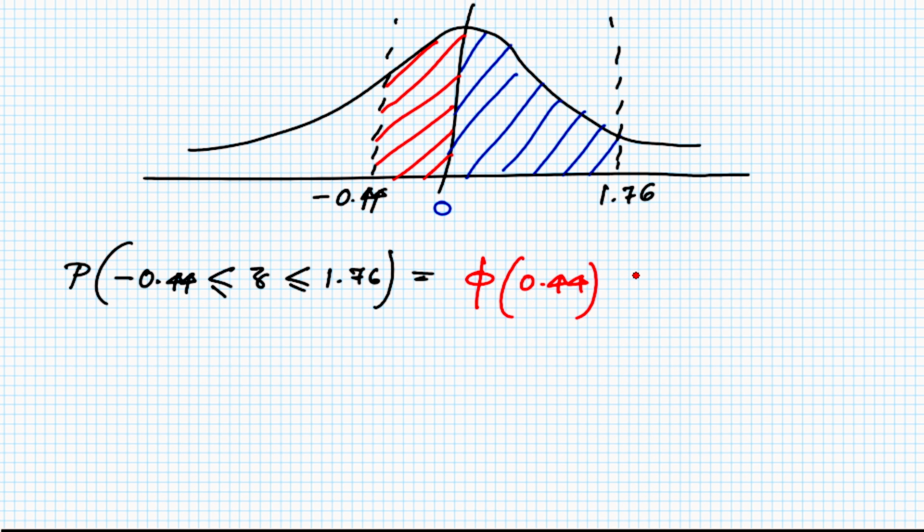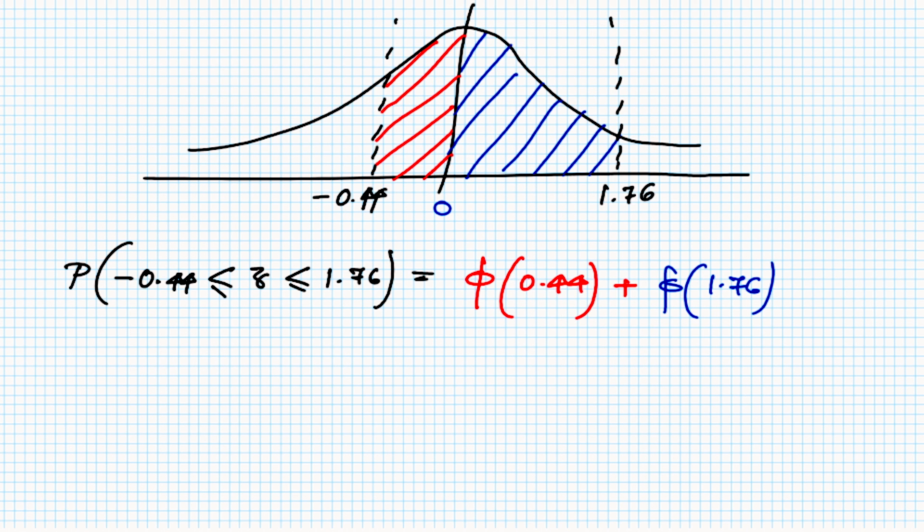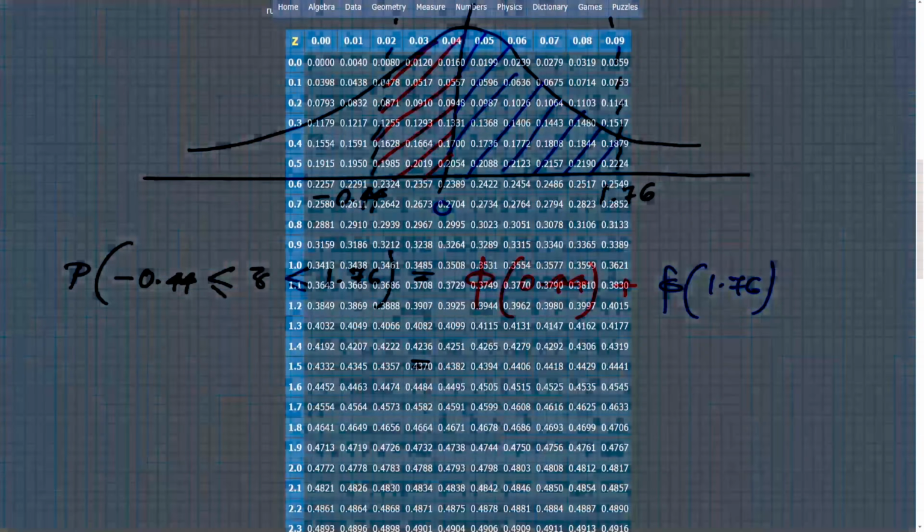Then plus, another color is there, I'll use the same color. Using that, I'm calculating phi of 1.76 from the table. Go to the table, find the two values, and write the values below to get the total answer. So phi of 0.44, let's calculate.